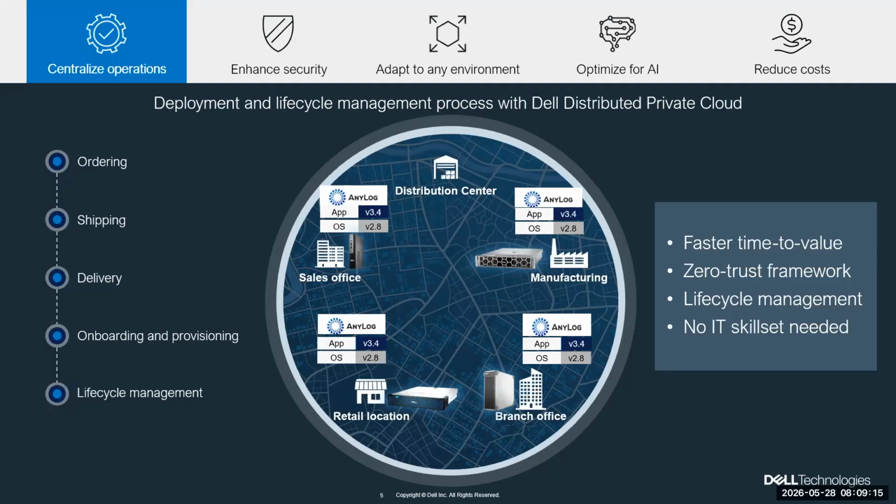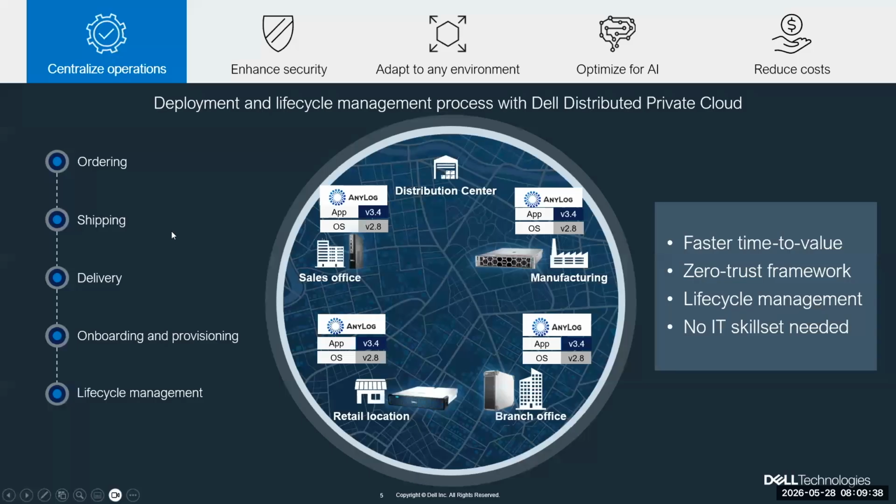With the AnyLog team, we've developed a blueprint, and think of a blueprint as a recipe for deploying the application, an automation script that allows that to go very quickly, so that you can essentially deploy this as quickly as possible, and it turns into pressing a button rather than doing lots of manual work.